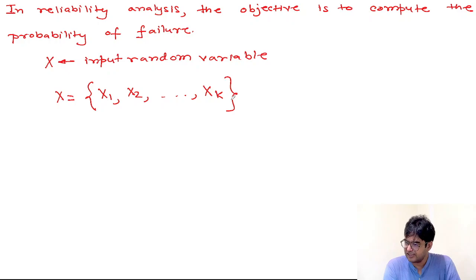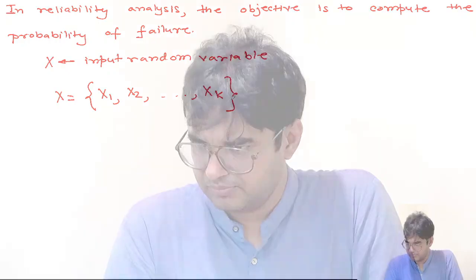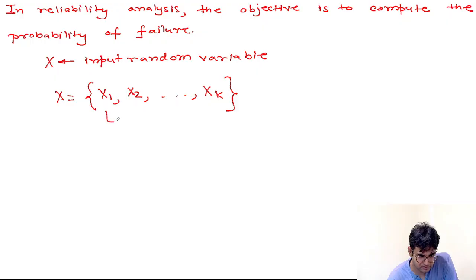So x is generally a k dimensional vector, so your input can be a k dimensional vector, right? And when we write something in subscript, this means the first random variable, right?